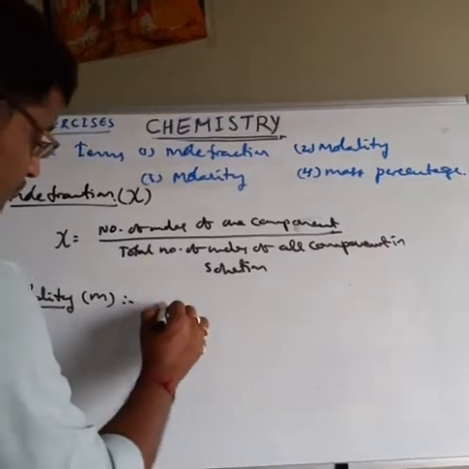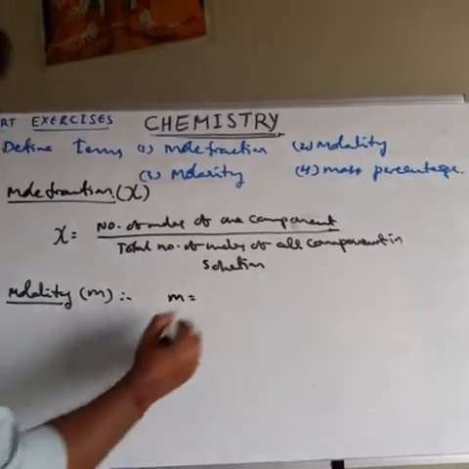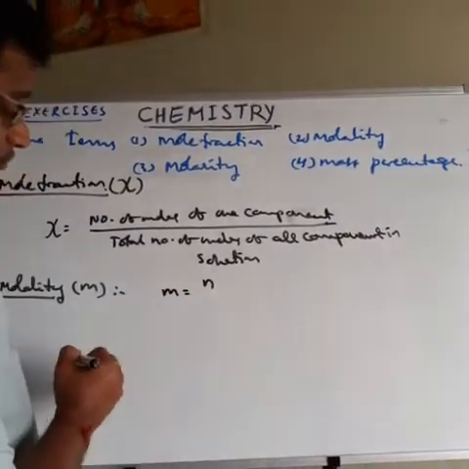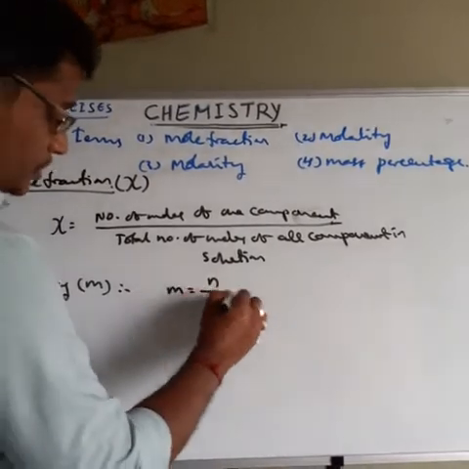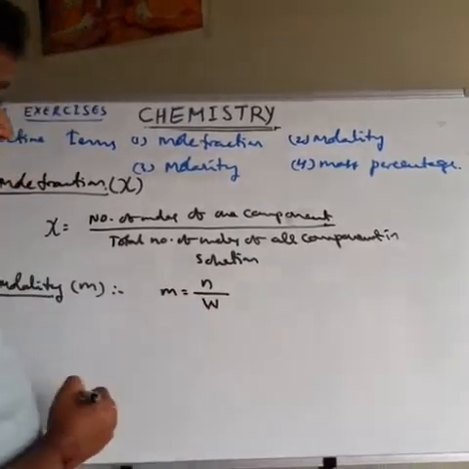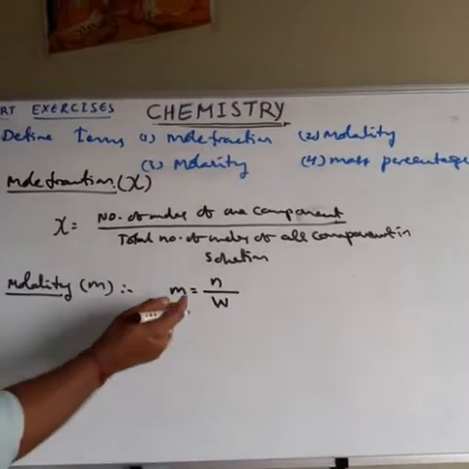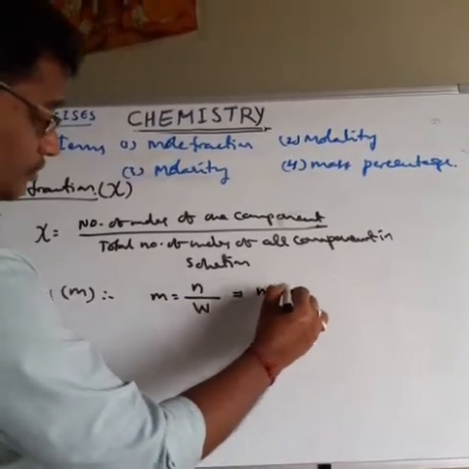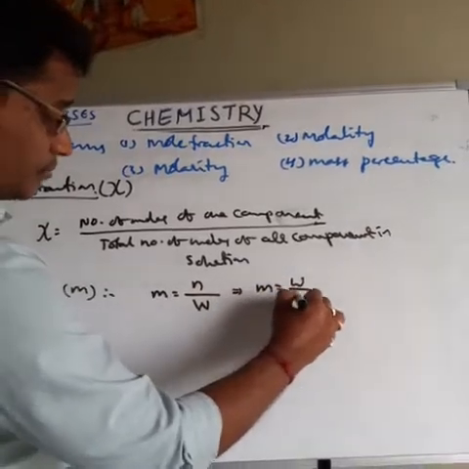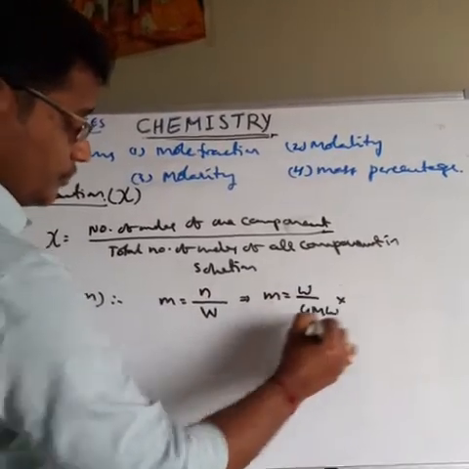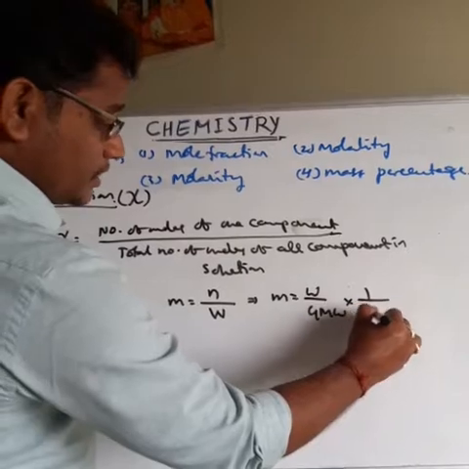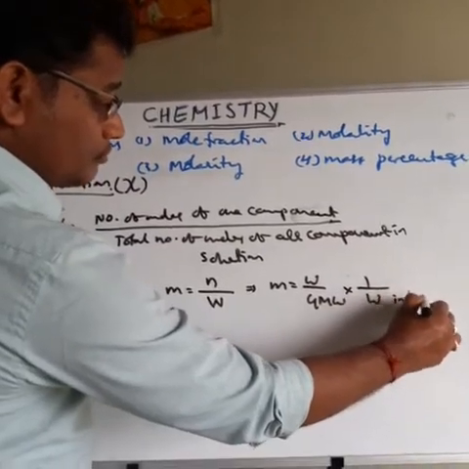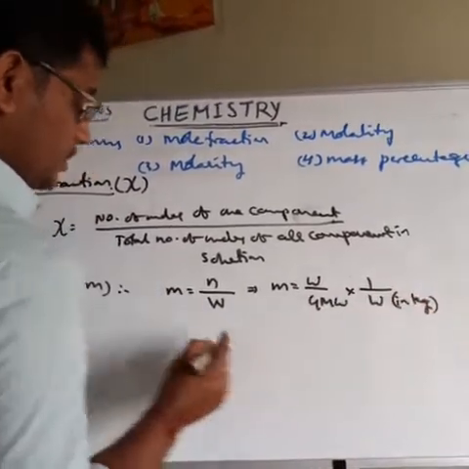The definition: small m is equal to the number of moles of solute present in 1 kilogram of solvent. Again it can be modified: m equals n, the number of moles, that is weight in gram by molecular weight, into 1 by W in kilogram.